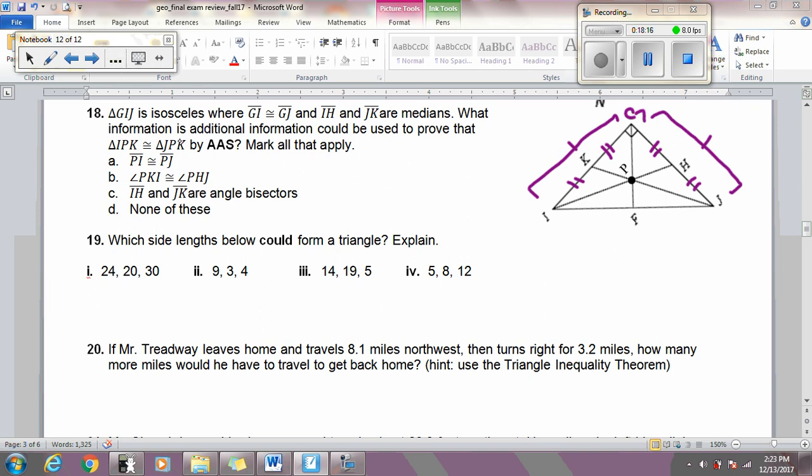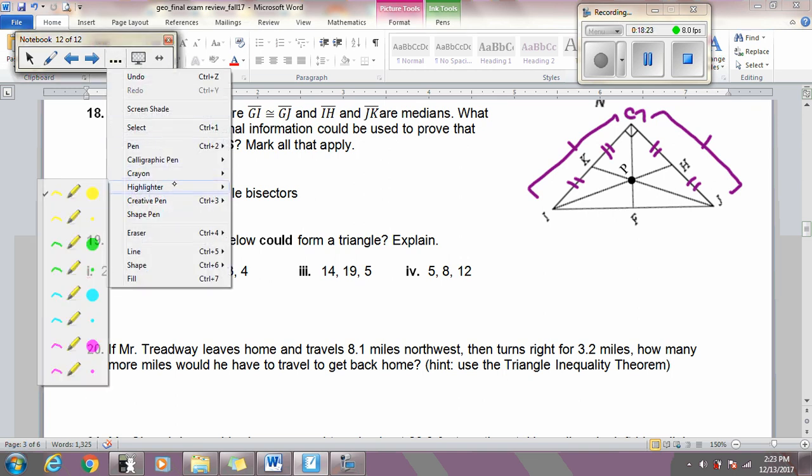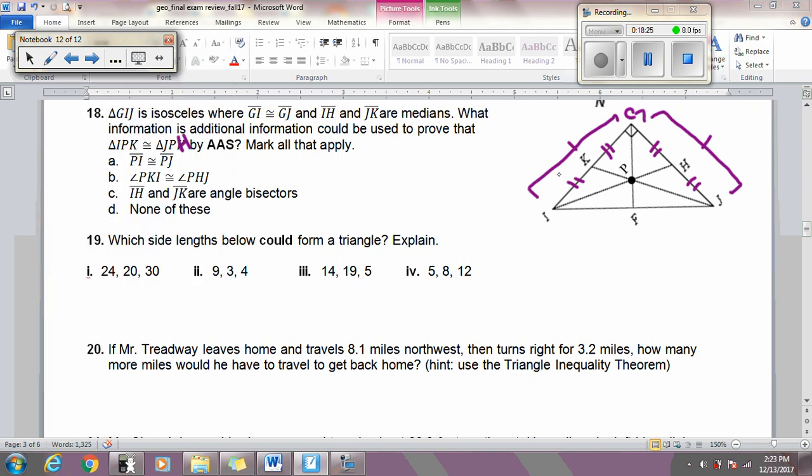So this is supposed to be H. All right, so far, let's highlight those two triangles real quickly so we can see it. This is IPK, and this is JPH.